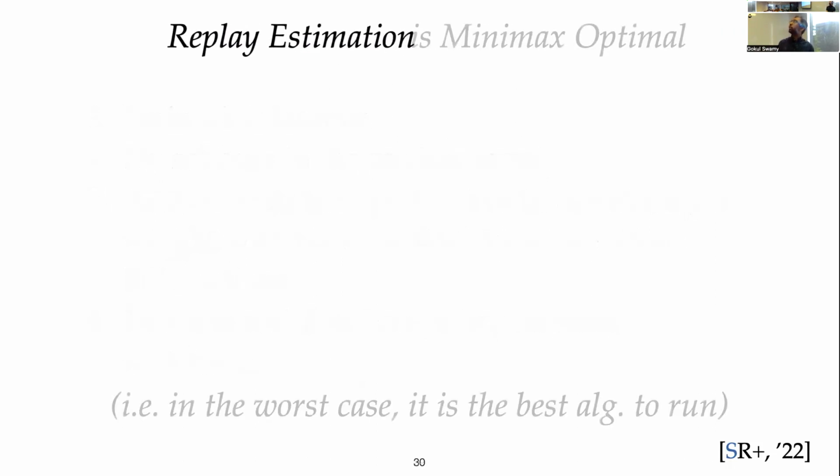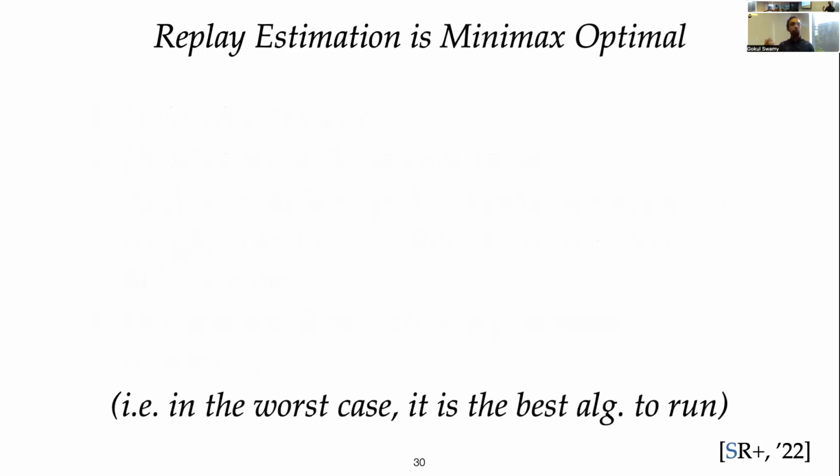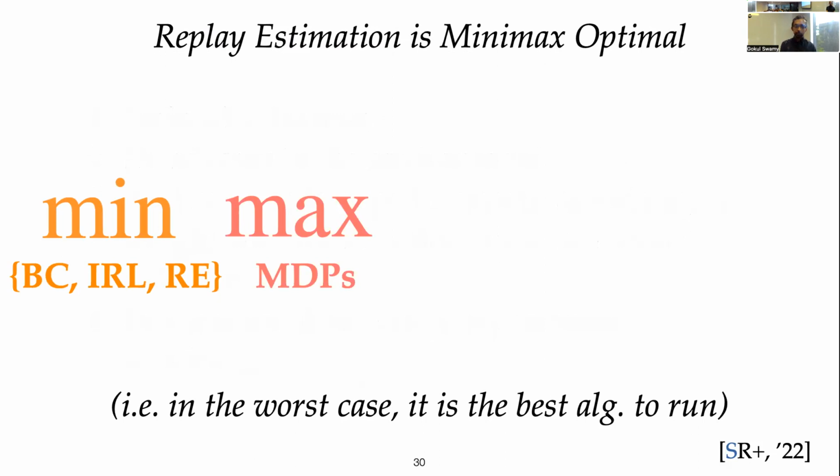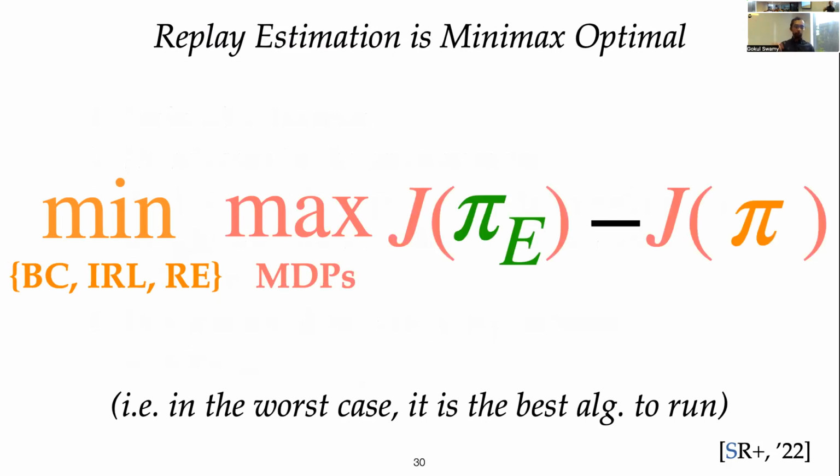More formally, it is the minimax optimal algorithm in the tabular and linear settings. For those who aren't familiar, what this means is that if I take the min over algorithms and the max over MDPs, this will give you the tightest performance bound.